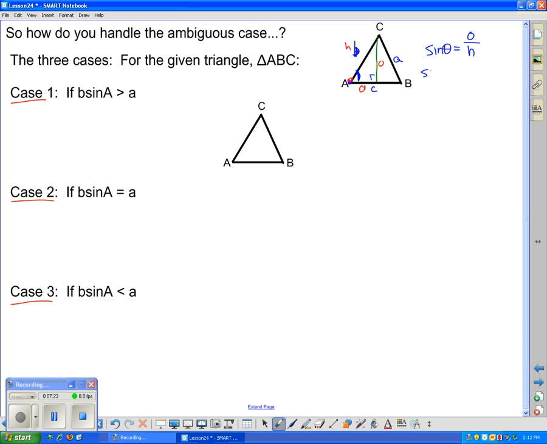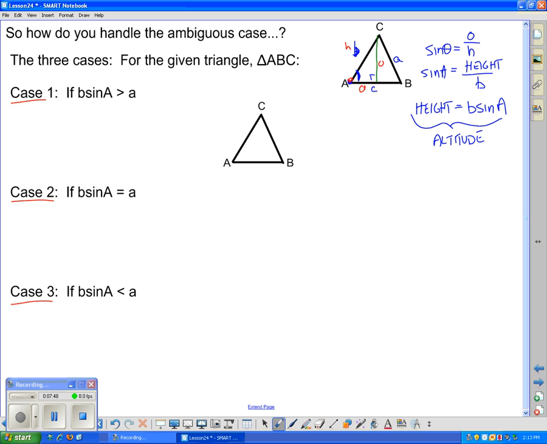So I'd be doing sine A, the angle in question. My opposite side is actually the height of the triangle, or altitude, divided by the hypotenuse, which is side B. So height is equal to B sine A. All right? So we're really calculating the altitude of that triangle.